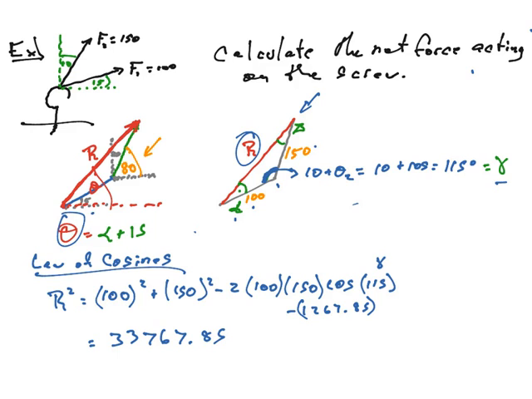And then I take the square root, and that gives me 183.76. Oh, I'm sorry, I just noticed a mistake. The mistake was my decimal place is wrong right here. It's not 1267.85, it's 12678.5. Forgive me. Minus 12678.5.